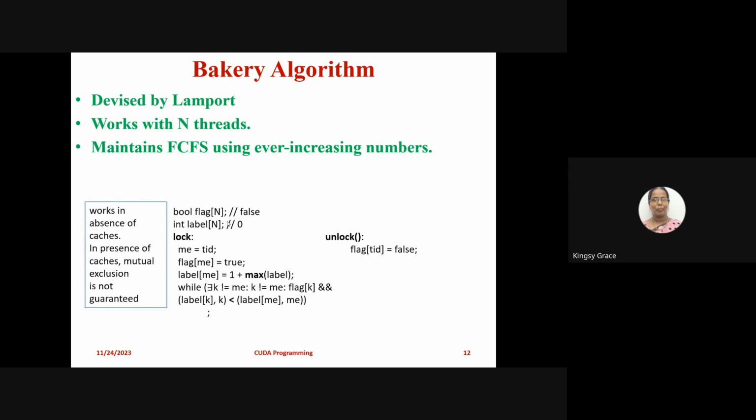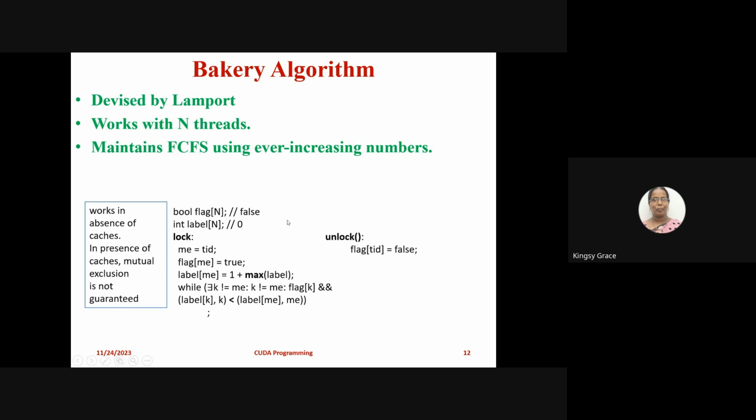Here also we are using the lock unlock mechanism. We should have an array of flags, and we also need some additional variables. With these variables only we can perform mutual exclusion or synchronization.